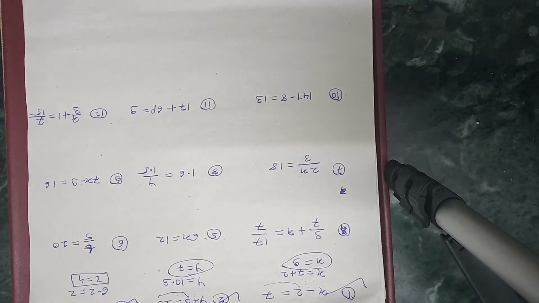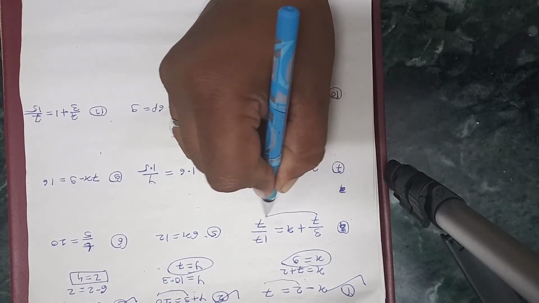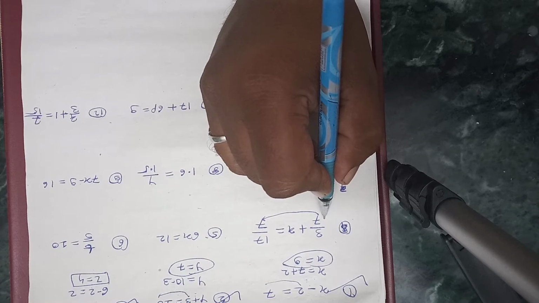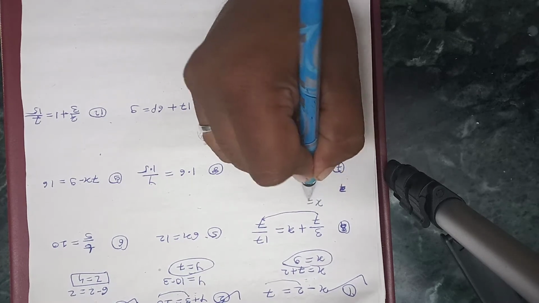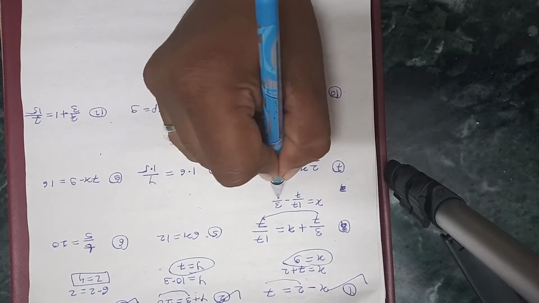Example number 4, that is 3 by 7 plus x is equal to 17 by 7. In this case we will transfer this value to the RHS. When we transfer, the positive sign gets changed to negative. So x is equal to 17 by 7 minus 3 by 7.